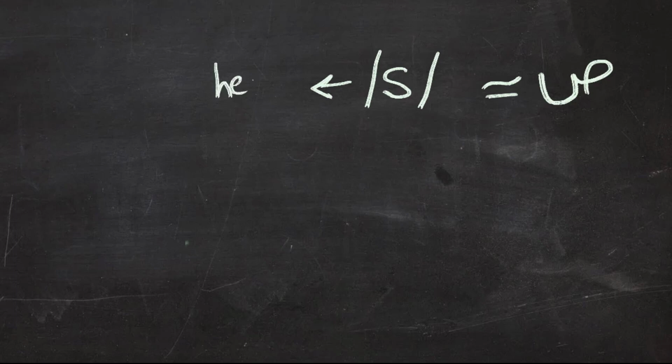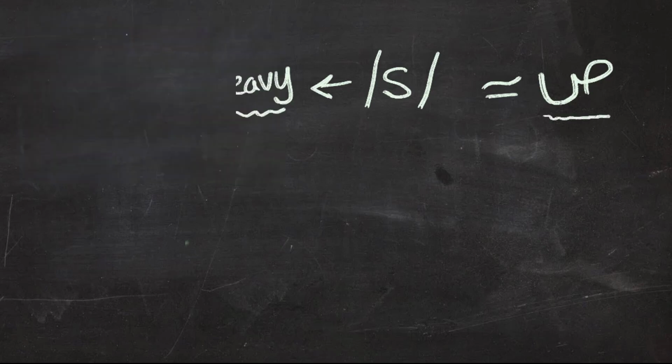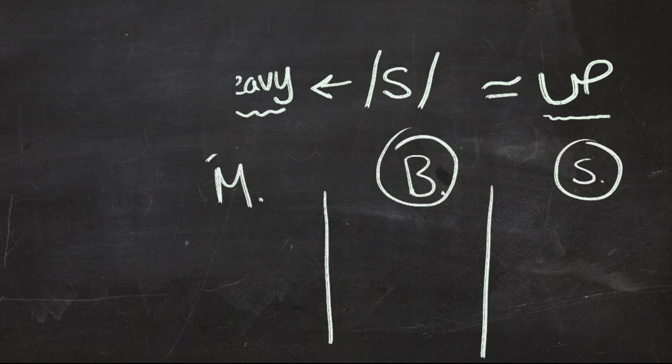In order to pronounce sod, you need to lift the back of your tongue to the roof of your mouth to get it the best way. Sod, sod. The 4 positions are as follows.